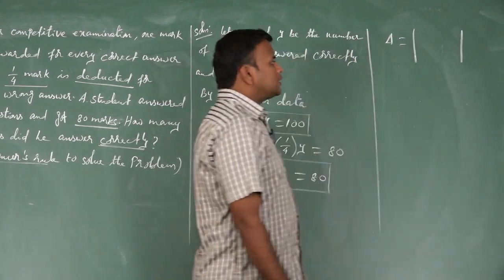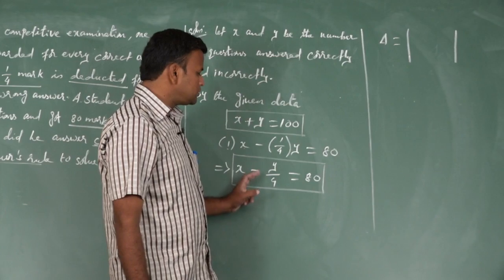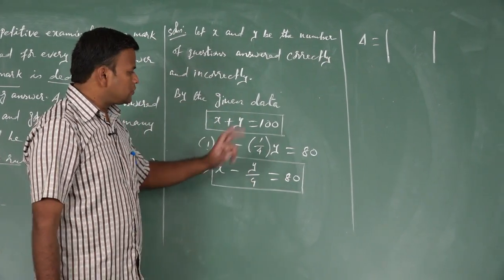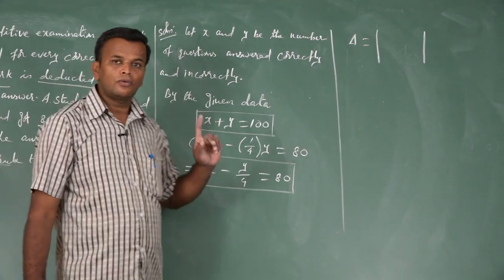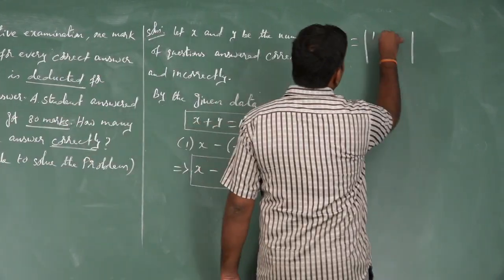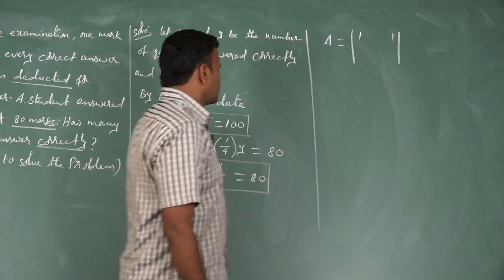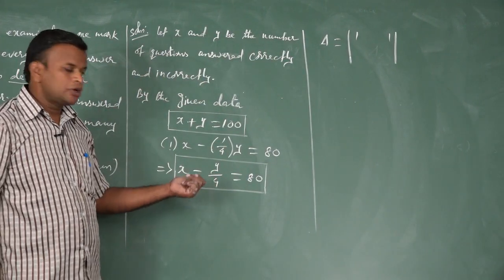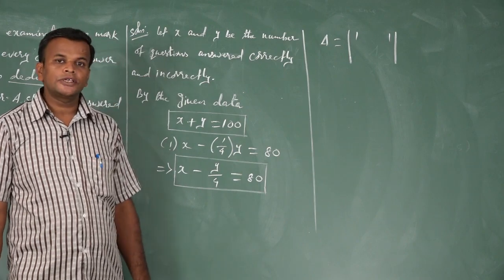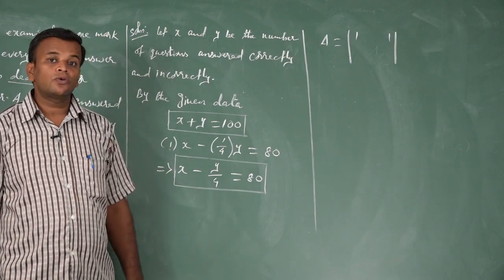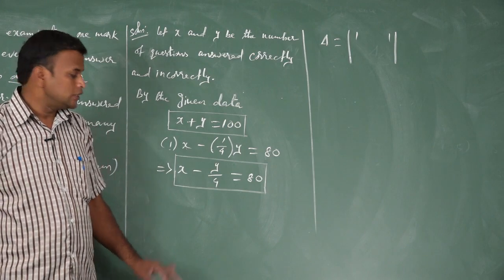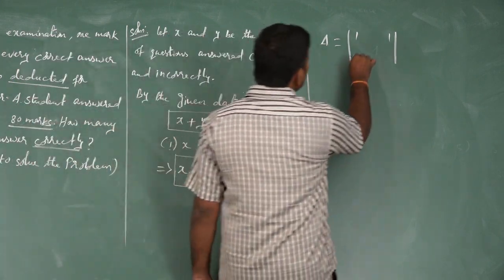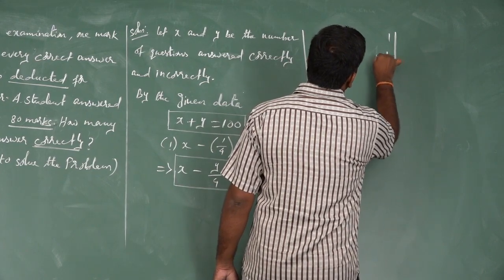The value of del. In these two equations, we write the coefficients of x and y. In the first equation, the coefficients of x and y are both 1, 1. The second equation: the coefficient of x is 1, and the coefficient of y is minus 1 by 4.